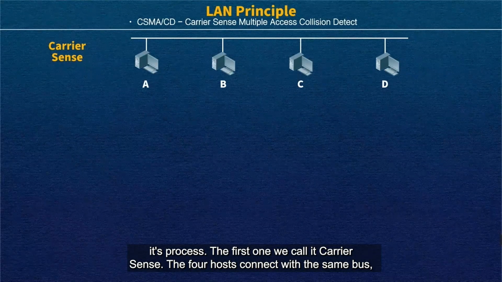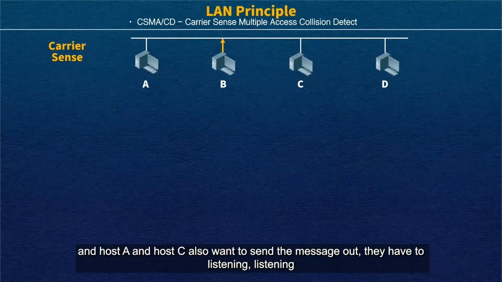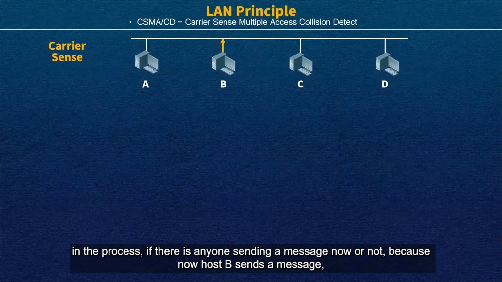If 4 hosts connect to the same bus, and host B sends a message out, then host A and host C also want to send a message out, so they have to listen to check whether anyone is sending a message now.